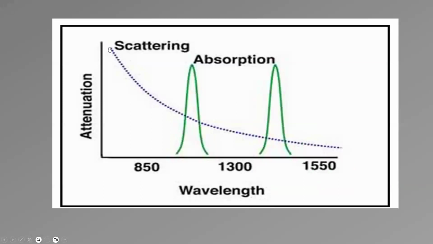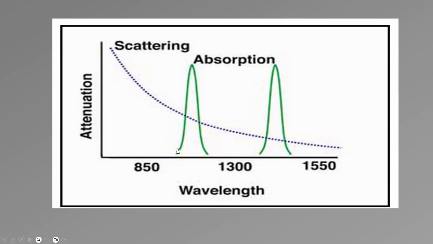Scattering is worst towards this end. And when we get to the lower frequencies, which would be longer wavelengths, the scattering is not as much of a problem. With these wavelengths, the scattering is a lot of a problem.